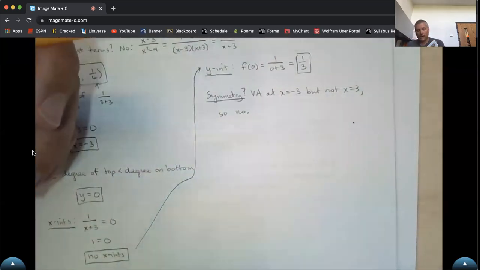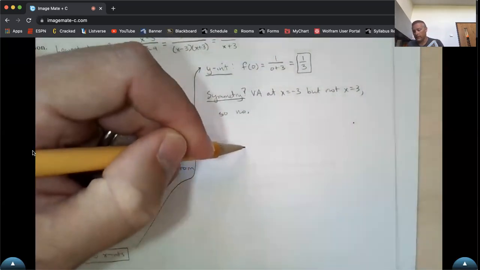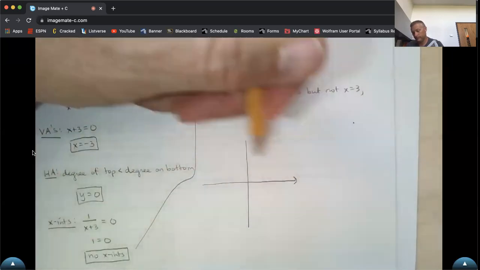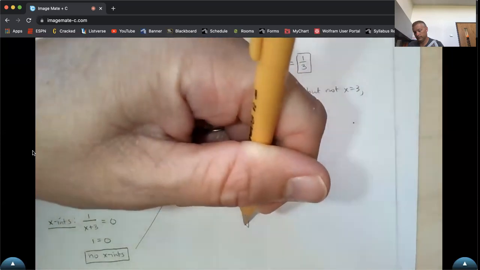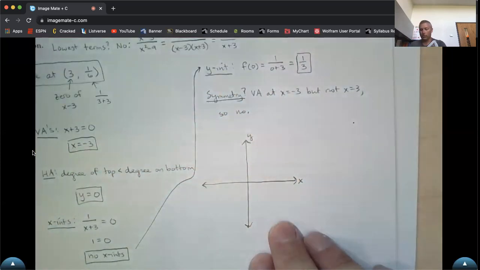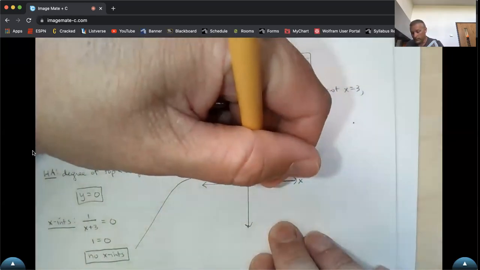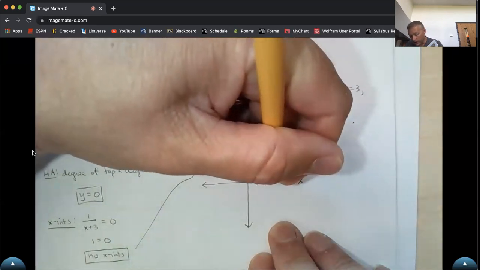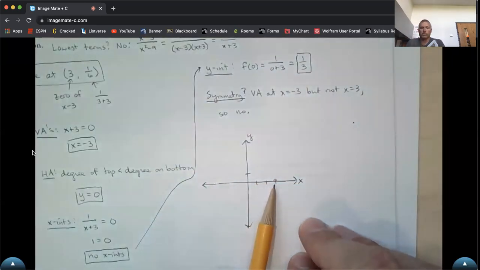Okay, so let's use the information we have to sketch a graph. All right, so we found that we have a hole at 3, 1/6. And that's going to be kind of hard to draw because 1/6 is so close to 0.